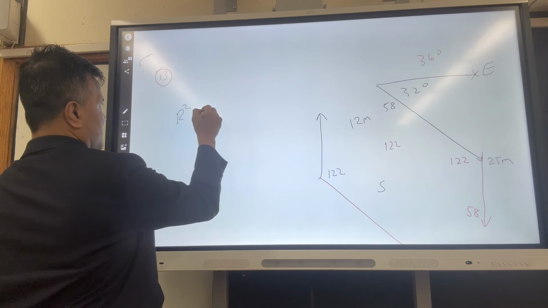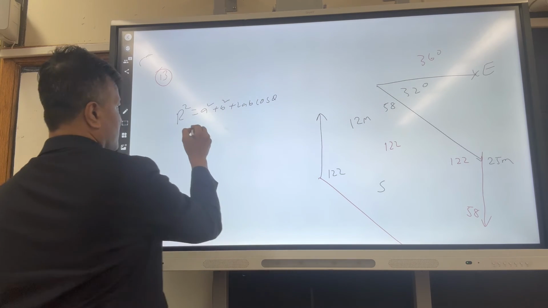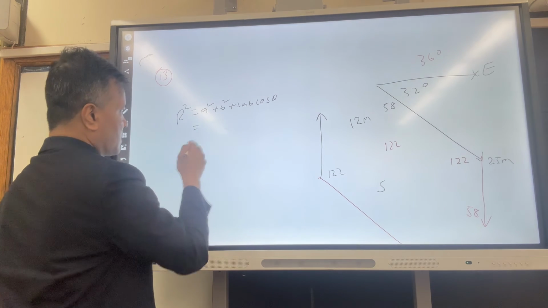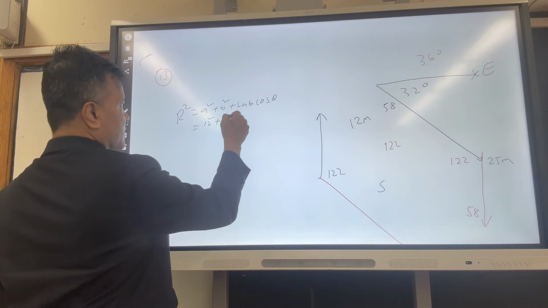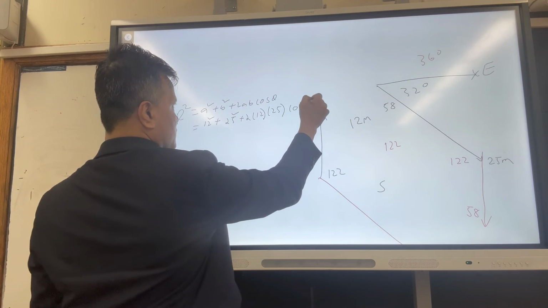So r square is equal to a square plus b square plus 2ab cosine theta. A is what? 12 square. B is 25 square plus 2 times 12 times 25 cosine 122.